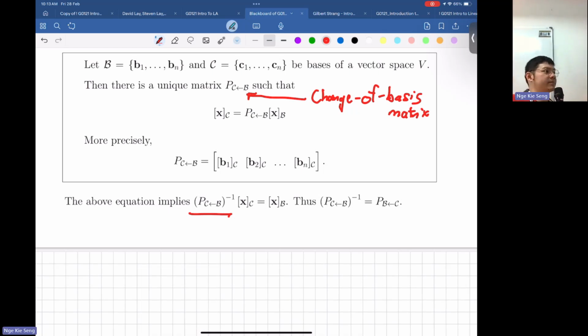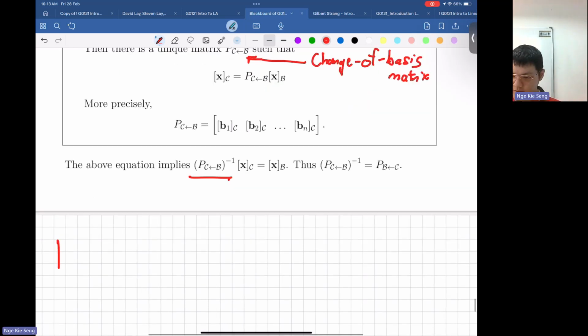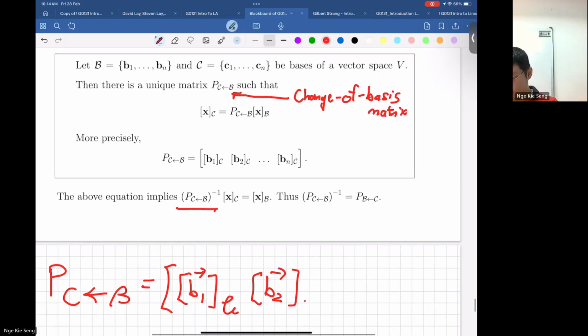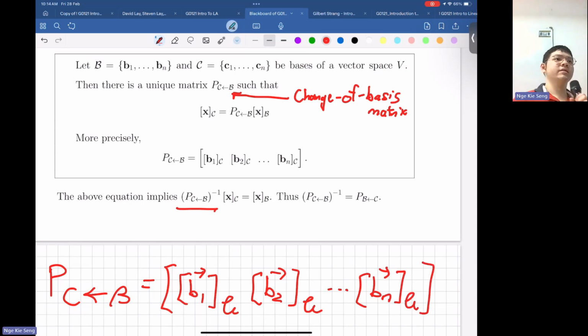This P_B to C, what size is this? What's the size of this matrix? How many columns? N. Okay. How many rows?